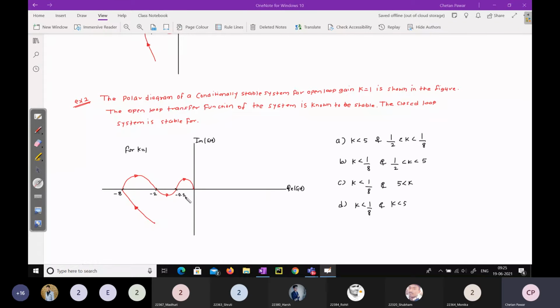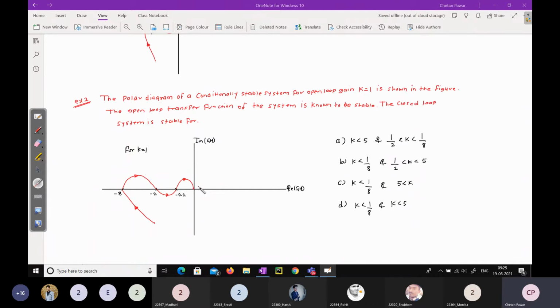So we can't say that the Nyquist plot will be like this only, the mirror image and then an infinite radius semicircle. You don't know how many infinite radius semicircles the Nyquist plot will have. You can determine that using the open loop transfer function only, because only from the open loop transfer function will you be able to know the number of poles at the origin, right or wrong.